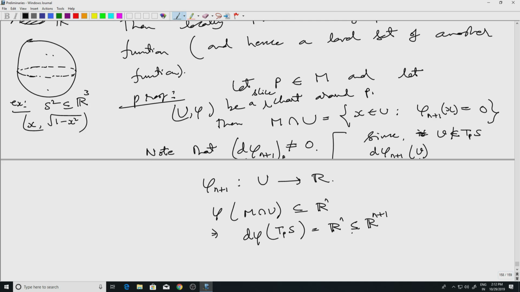Then from this equation, if this part had been 0, it would mean that d phi of V would actually be inside this Rn by definition of the last coordinate. But that would mean that V would actually have to come from the tangent space to S, which is not the case since I took V not in it. So this is not 0.